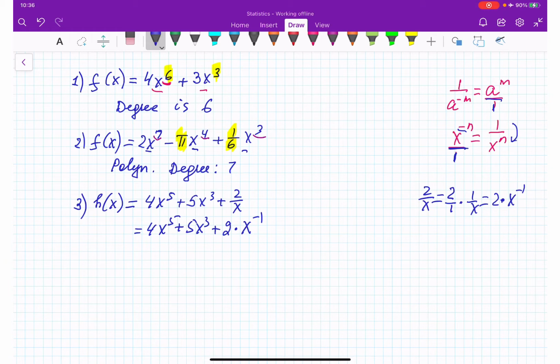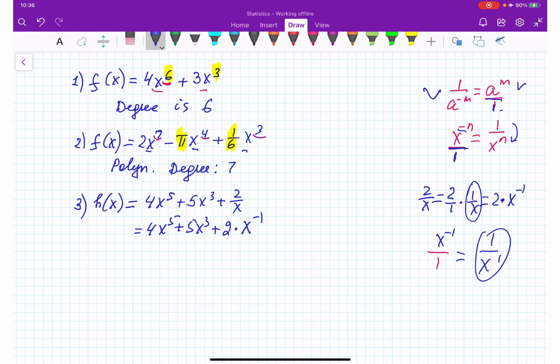If I have 1 over a to the power negative m, once you flip the fraction, you get a to the power positive m, and 1 goes to the bottom. Now, 1 over x, that same thing I can write as x to the power negative 1. Why? Because if I have x to the power negative 1, let me represent it over 1, and the result is going to be 1 over x to the power positive 1, which is the same thing.